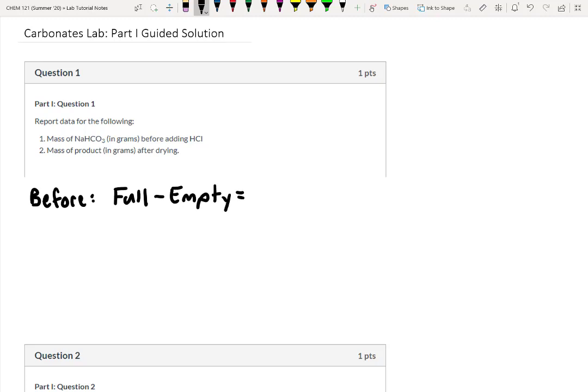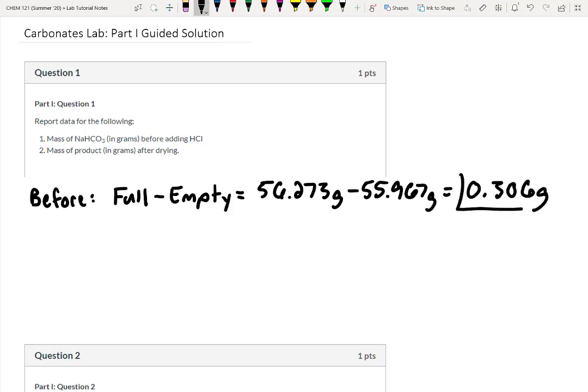If you go in the lab handout, you'll see data for this. It says that the full beaker is 56.273 grams, and the empty beaker is 55.967 grams. If you plug this into your calculator, you should get 0.306 grams, right?